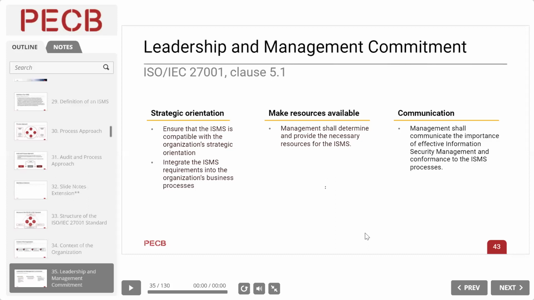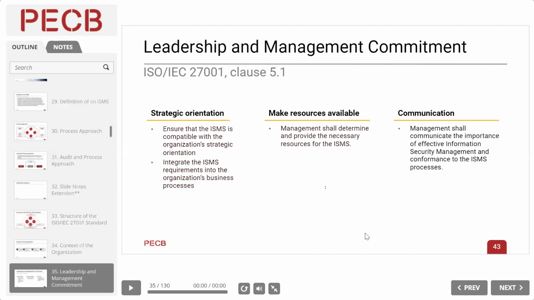Remember that whenever you are trying to manage risk, you are going to affect the culture of the organization. The culture, the behaviors of the organization is very much affected. So in trying to implement an ISMS, you are going to need a change in their behaviors, a change in the culture of the organization.